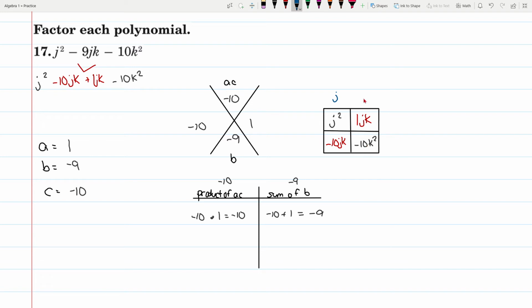Here, I'm looking at a k. Here, I'm again looking at a j. Here, I'm looking at a -10, looks like a k. So what does that mean, as crazy as this looks? J plus k times j minus 10k should be our answer.